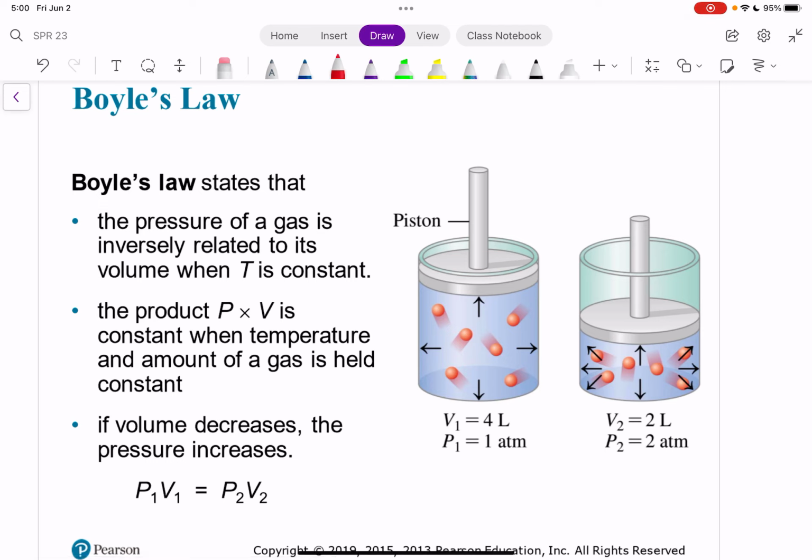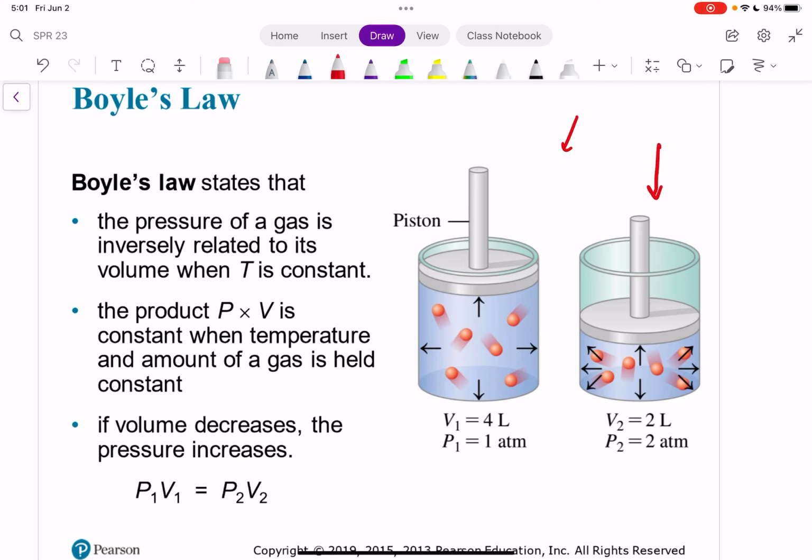Boyle's law, like I said, states that the pressure of a gas is inversely related to its volume when temperature is held constant. If you look over here at these containers, we have a movable piston with a gas inside the container. As we push that piston down, we're creating more pressure, right?